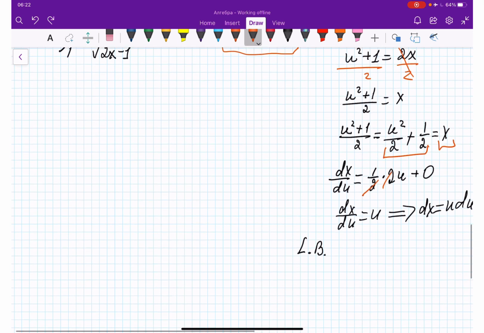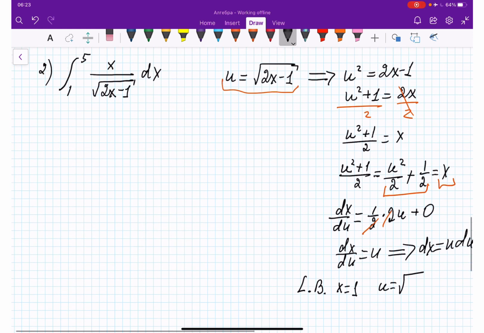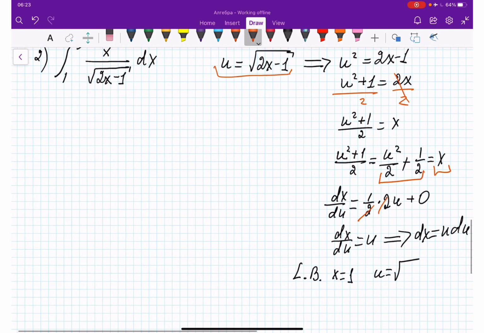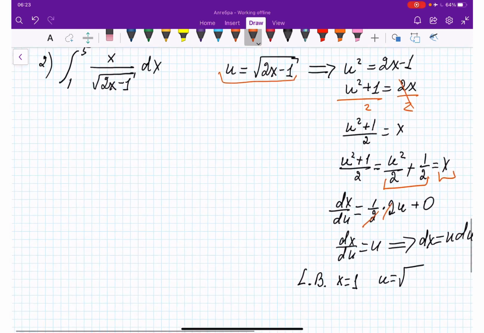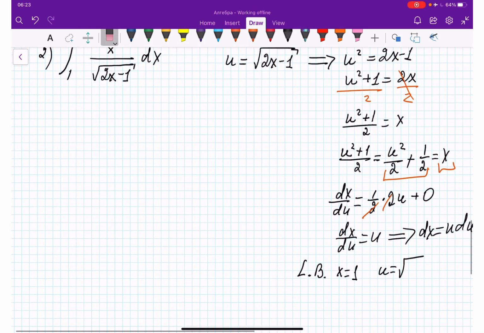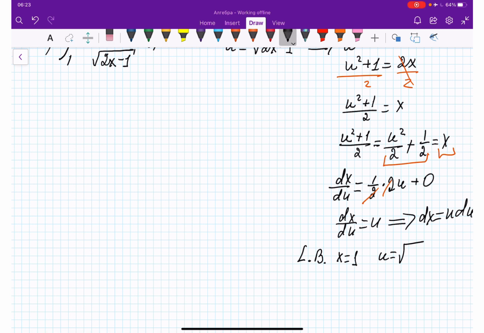So for the low boundary, when x is equal to 1, then u is equal to the square root. We are using this one, see? Let me clean and go over it one more time. Here it is, 2x minus 1. u is equal to the square root of 2x minus 1, which is going to be equal to the square root of 2 times 1 minus 1.